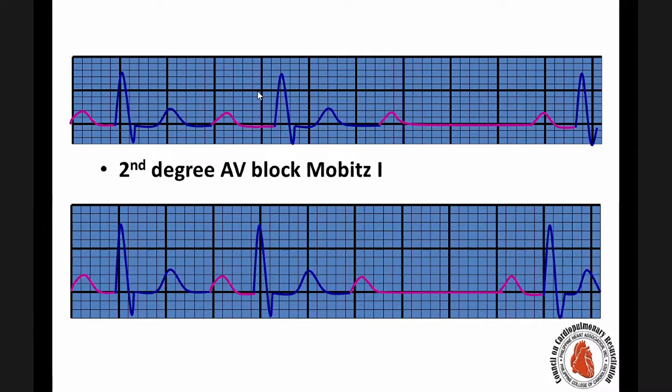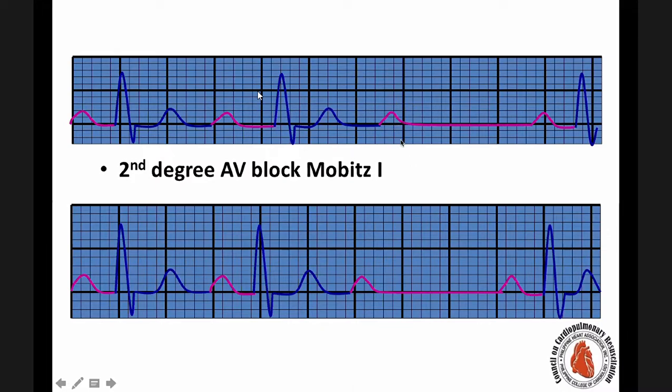So in second degree AV block type 1, the PR interval is prolonging until there is a drop beat. So ang nangyayari, nag-conduct to the AV node pero na-prolong na AV node, naka-conduct to the ventricles. On second beat, mas na-prolong pa sa AV node, let's say 400 milliseconds na, pero naka-conduct pa to ventricles. On the third beat, wala na talaga, completely blocked across the AV node, walang naka-conduct to the ventricles, and that's why there is no QRS complex. So that's a drop beat.